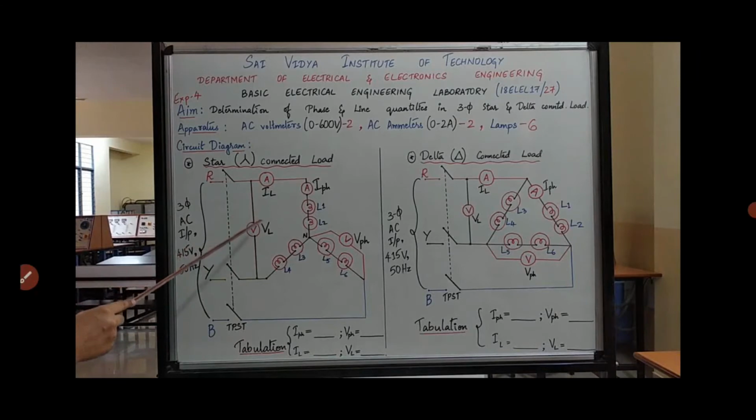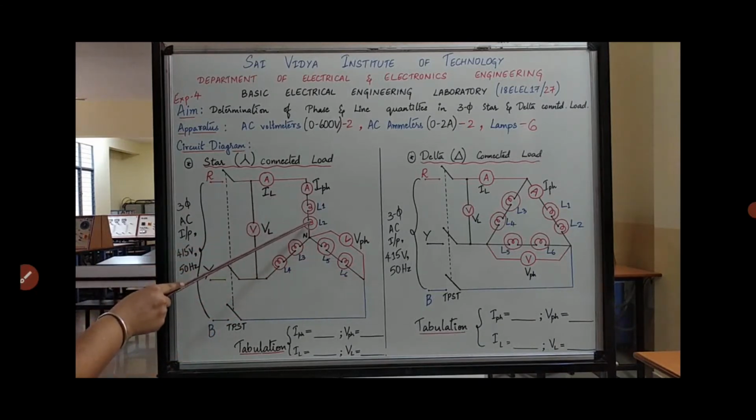Then we have connected 2 AC ammeters and 2 AC voltmeters. This ammeter is connected in series and this ammeter measures the line current IL. Then this current enters the R phase. This is the R phase, this is the Y phase and this is the B phase.